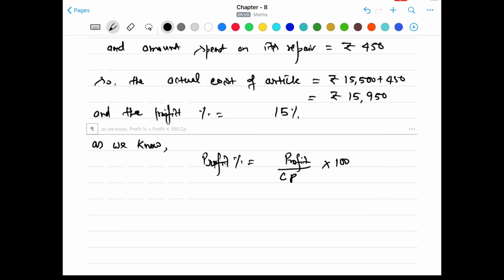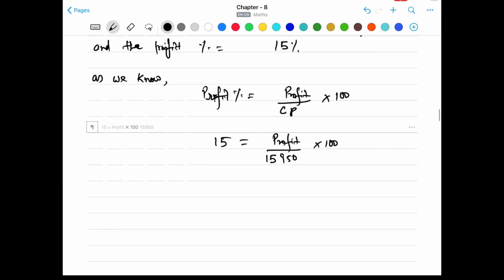So this profit percent, which is 15, equals profit we have to calculate divided by cost price, which is 15,950 rupees, into 100.